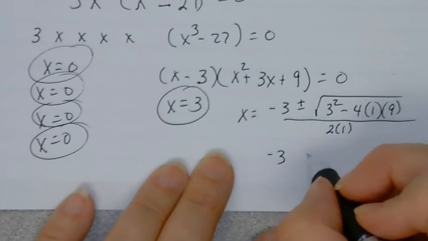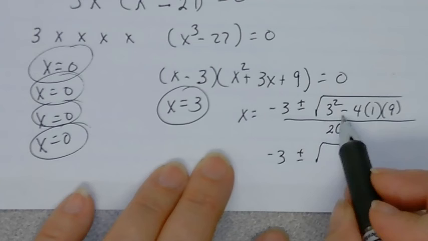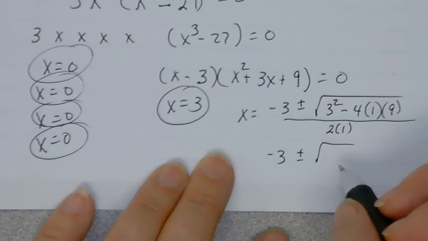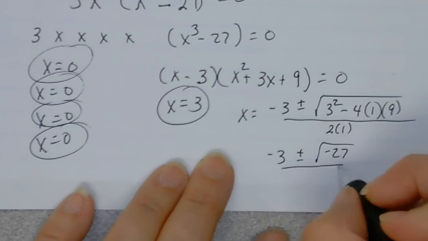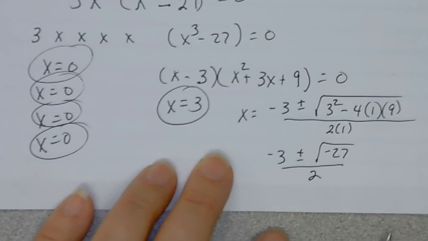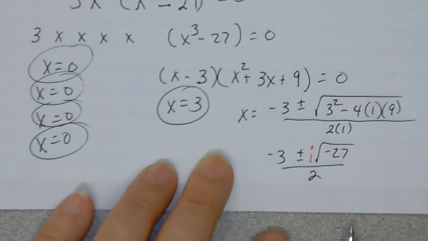So negative 3 plus or minus, and what happens inside here is I get 9 minus 36, which is negative 27, over 2. But we know that if there's a negative under here, this makes an i.